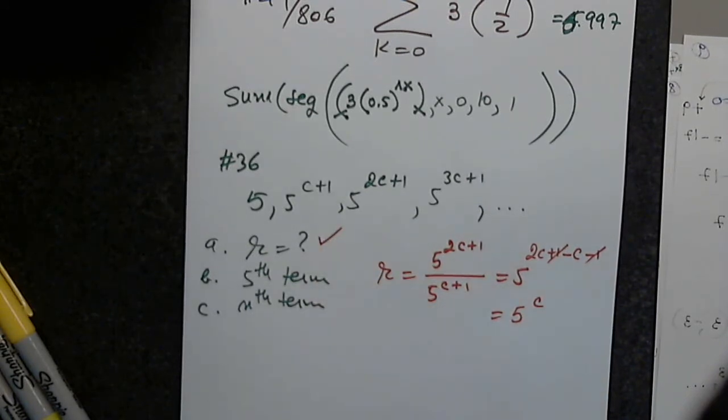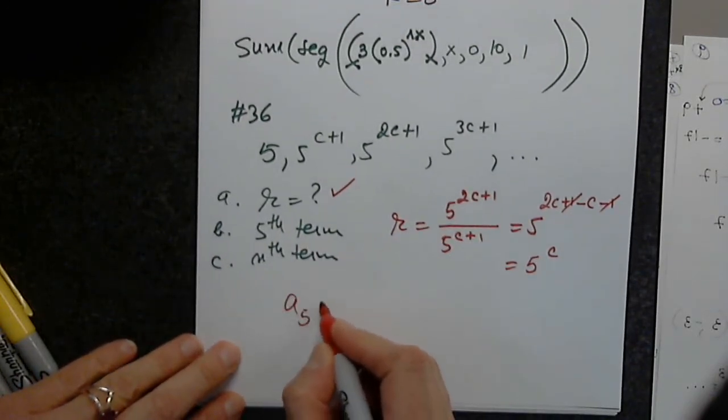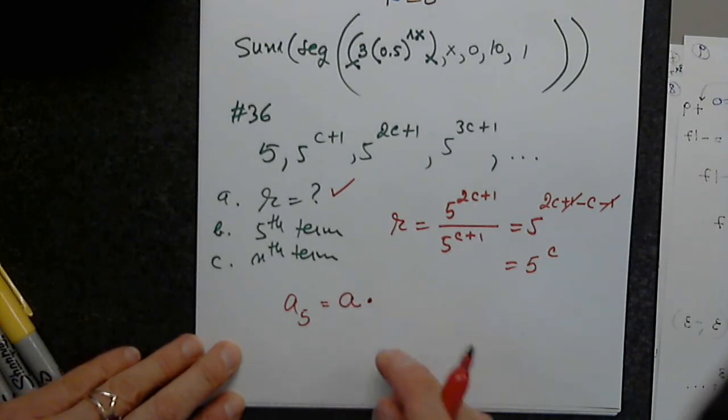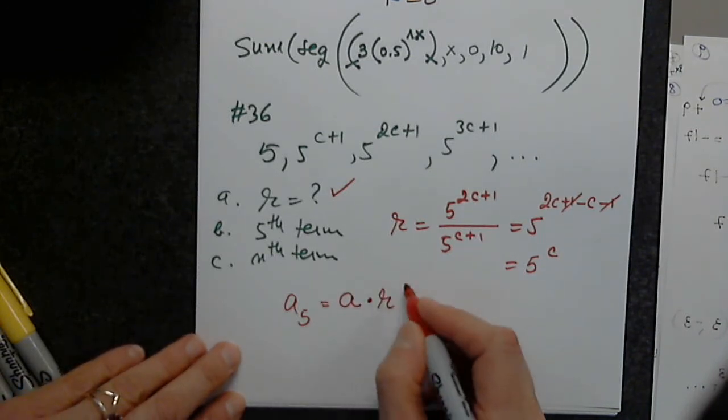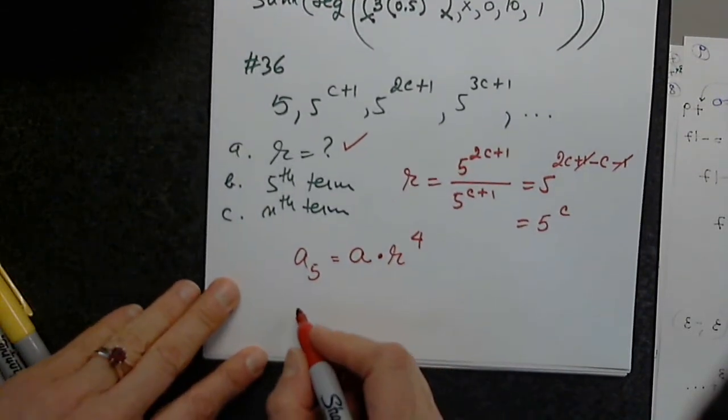So that is done. In order to find the fifth term, it's A5. Remember, it's A multiplied by R to the fourth power. The nth term, we're going to come back in a second.